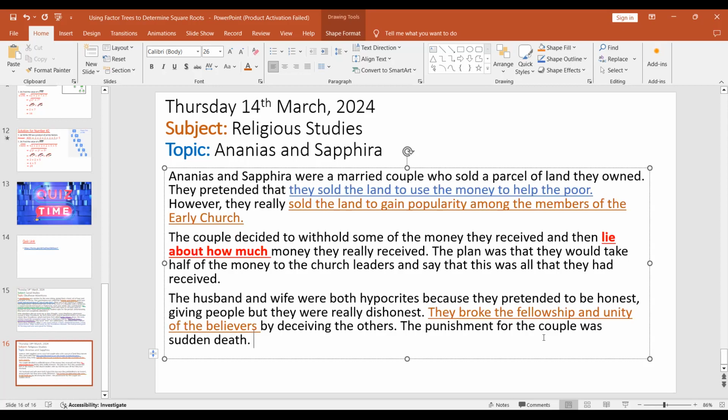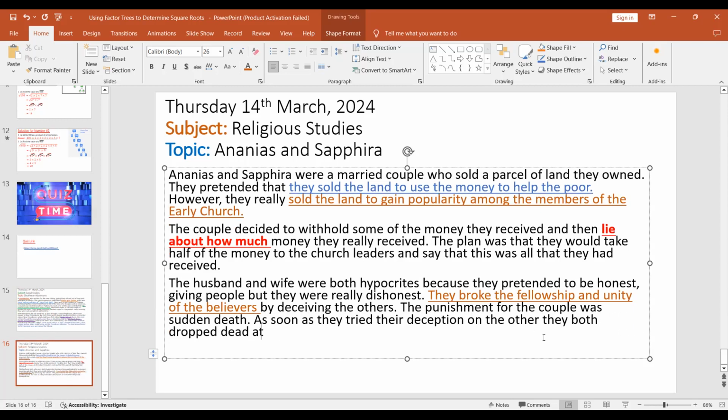As soon as they tried their deception on the others, they both dropped dead at the apostles' feet.